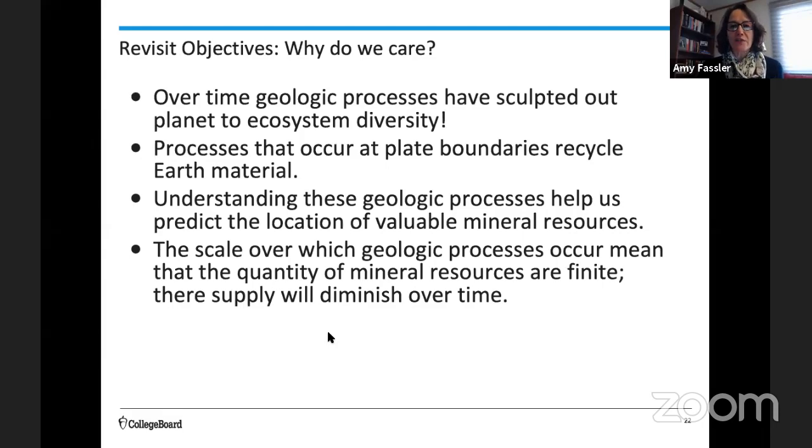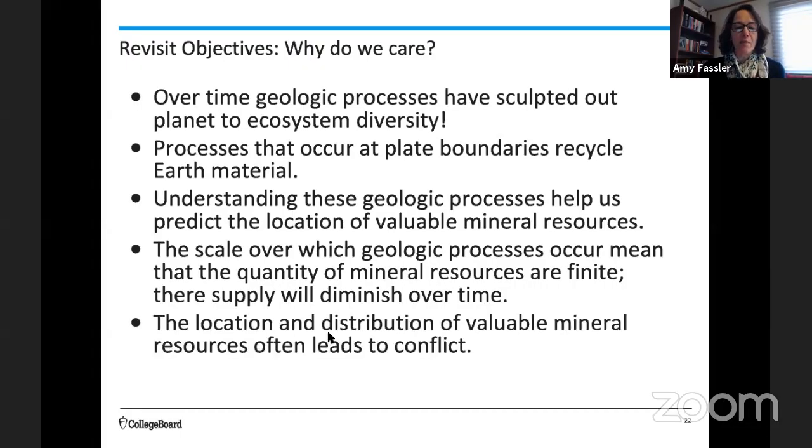Because these processes happen not on a human time scale, but a geologic time scale, these mineral resources are present in a finite amount. They are non-renewable. And oftentimes, with the location of those resources, there's no link between which countries are the most populous or industrialized. Do they have all the minerals?